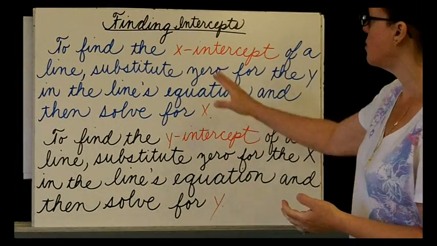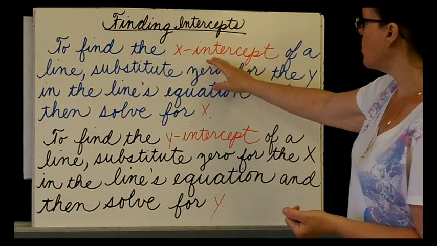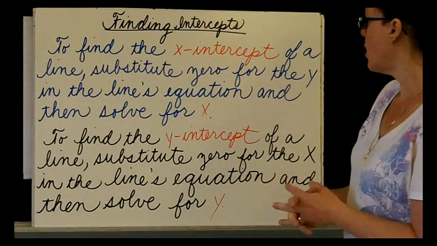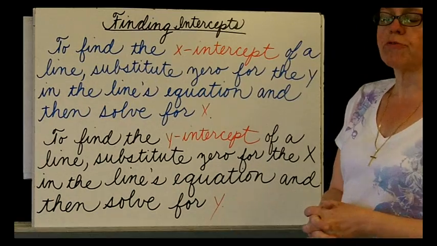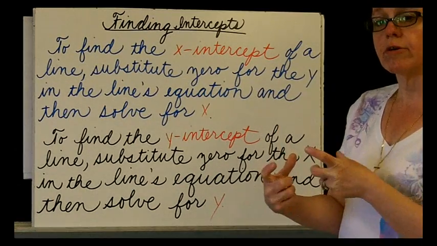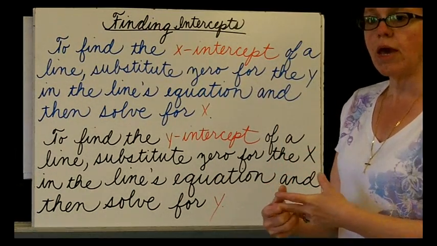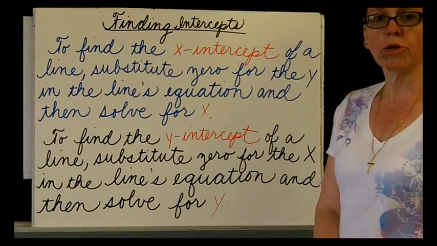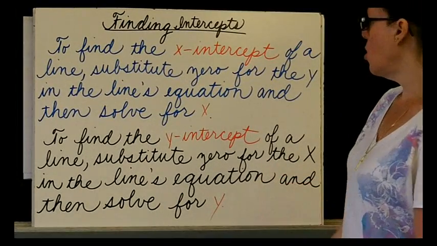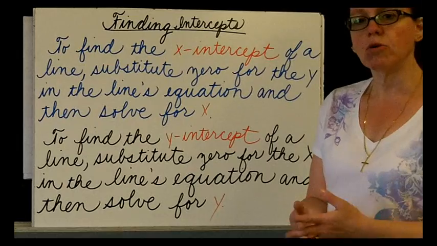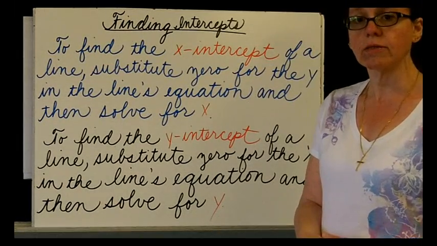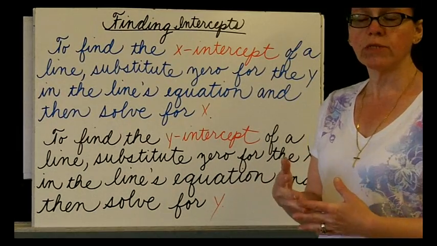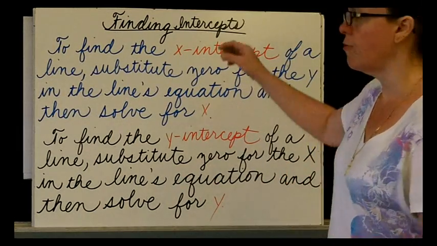To find the x-intercept, we substitute the y in the equation with a 0, and we simplify and solve for x, and that will give us our x-intercept. Then we follow a similar method for the y-intercept. We take the same equation, only this time we substitute a 0 for the x, and then one step at a time, solve for y.